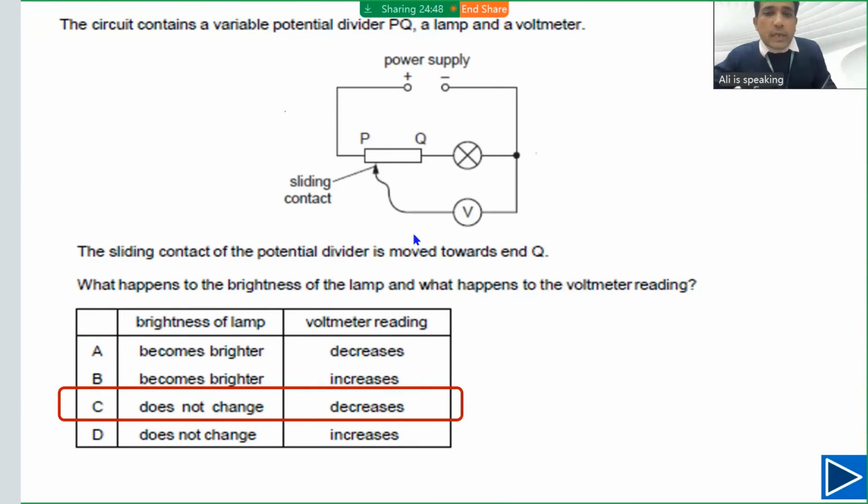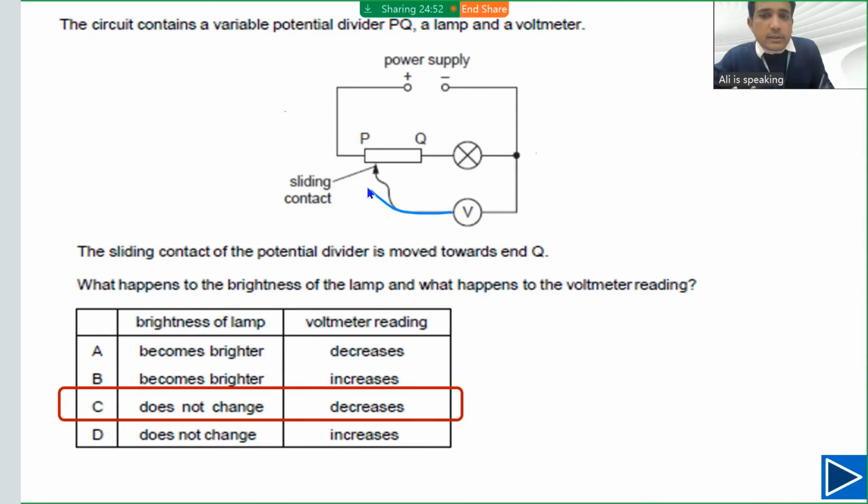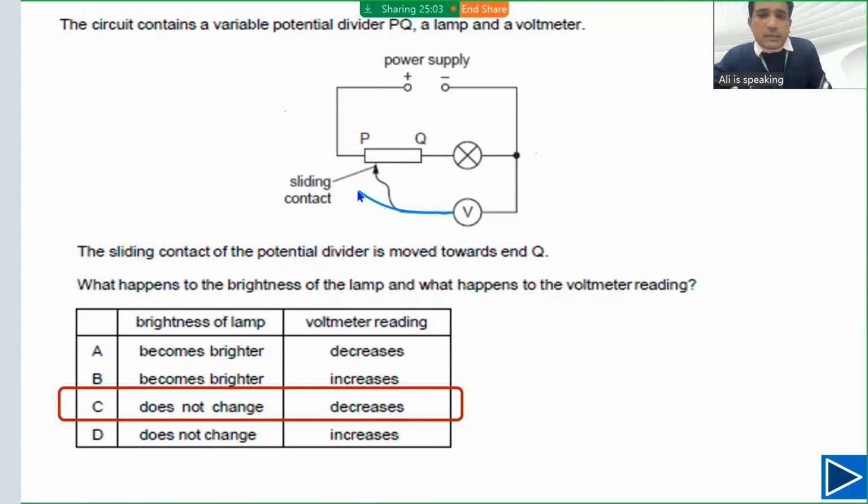We will start working on this one. First of all, imagine that this side of the voltmeter is connected with this point. Let me draw it in a proper way to give you better understanding. This side is connected at this end, and the other is connected across this point.